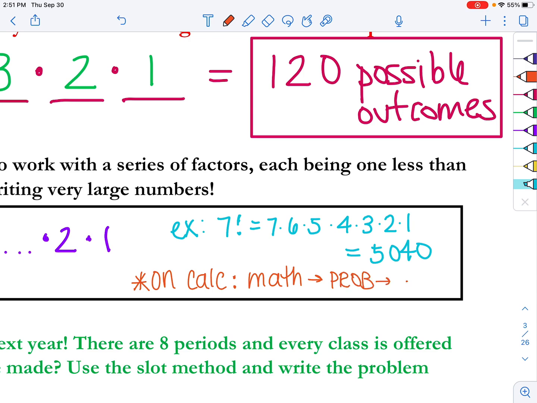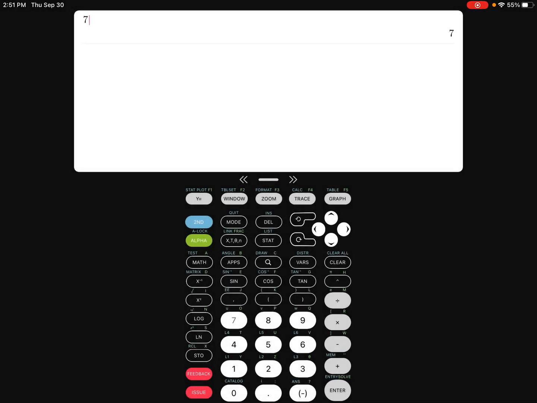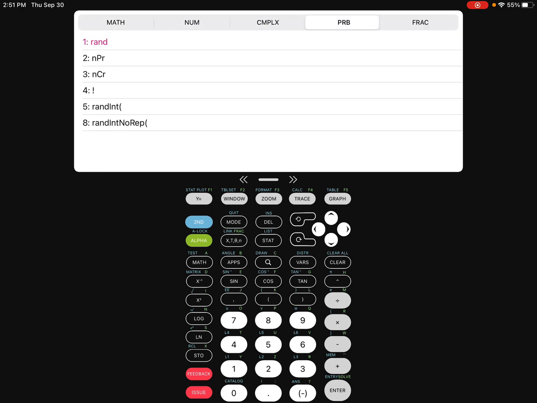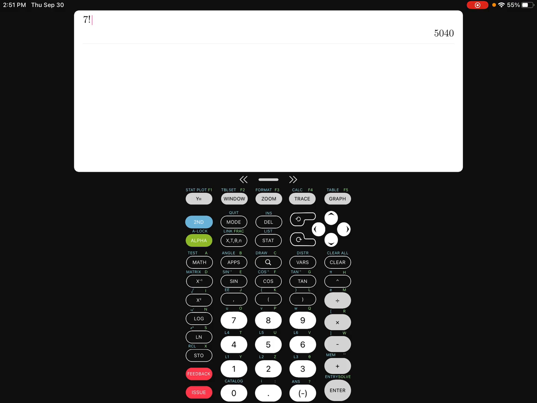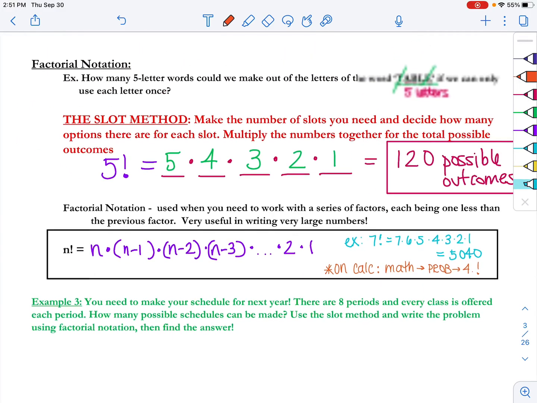And then option number 4 is the factorial. So if we were to do 7 factorial, you type in 7, press math, arrow over to probability, you see option number 4 is the factorial, and it gives us the 5,040 right away. So our calculator will do that for us, makes it way, way easier.